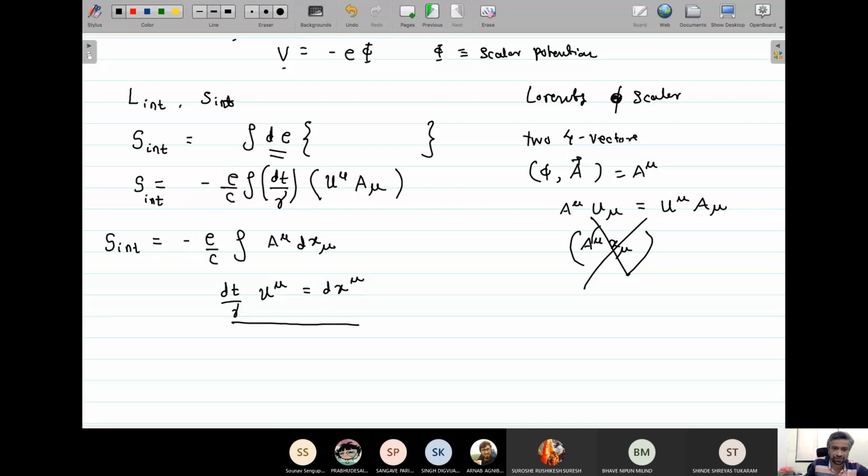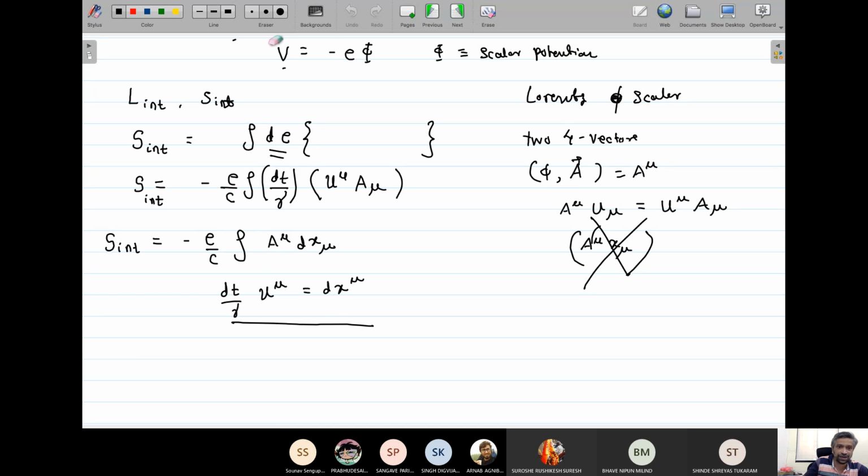So this is another form which is the same as this, just written in a slightly different way. This is equivalent to this. Now I will write this in L dt form.